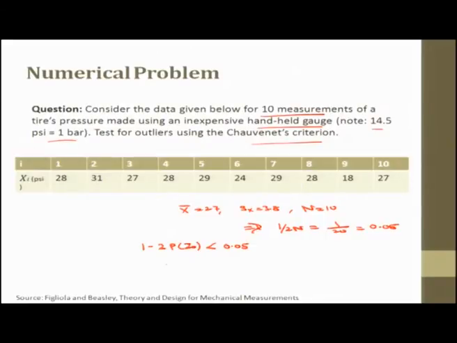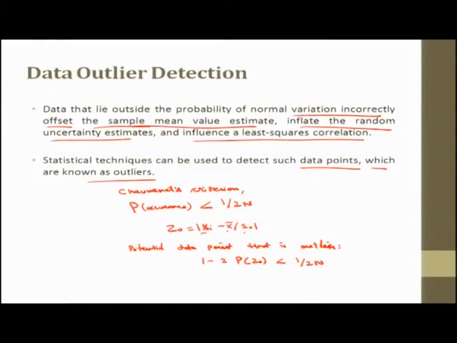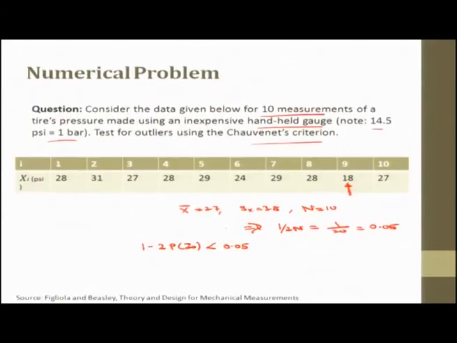Now, we can calculate the value of z naught also using the relation that was given. We can find for the 10 data points, xi is actually our potential outlier. I can check it for this value. So, this xi is selected here, x bar I know. So, 18 is my potential xi, and z naught I can find using this value.